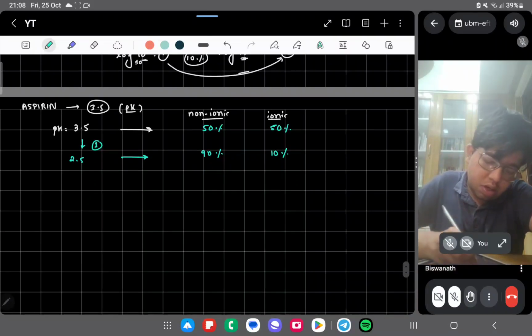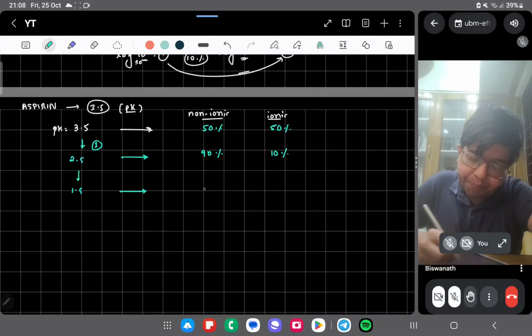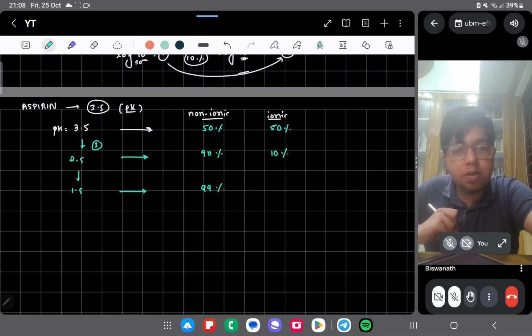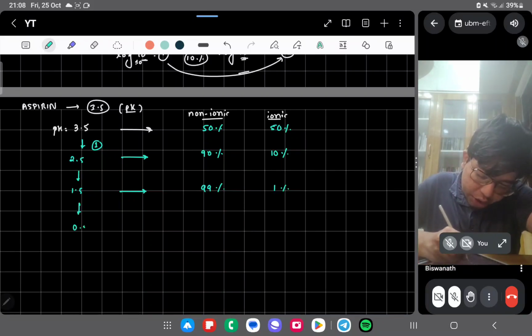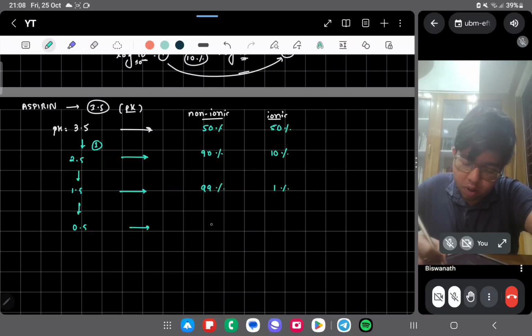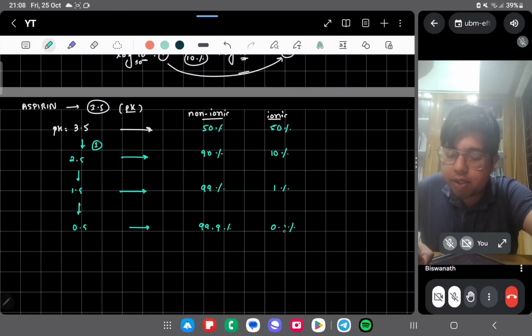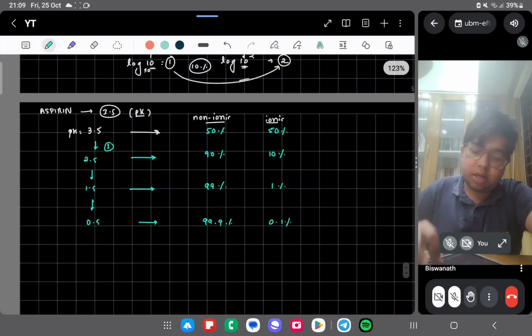Understood? Then for 1.5 it is 99% and 1%. Again for 0.5 it is 99.9% and 0.1%. It's a factor of 10 each time. Can you get it? So that is a table.